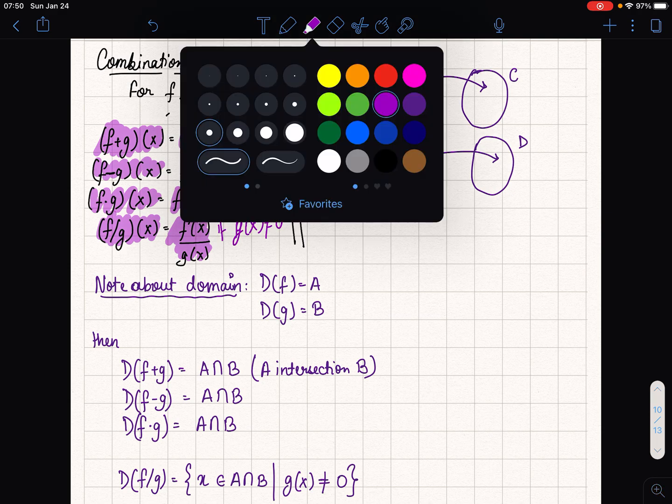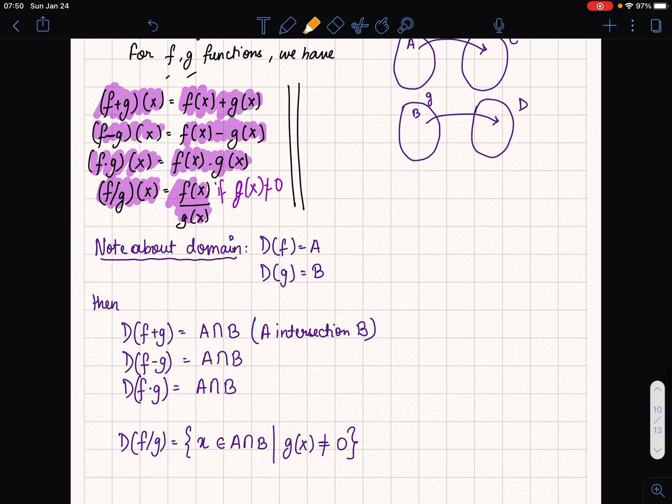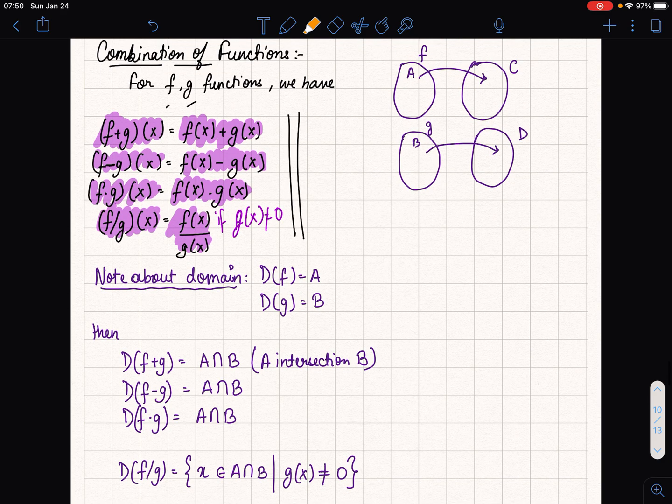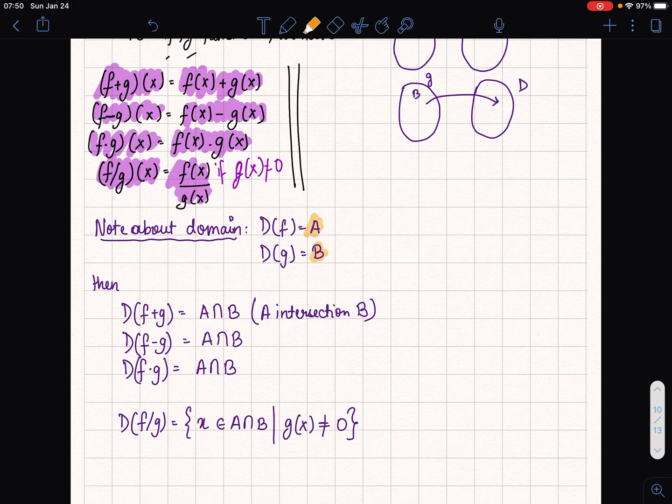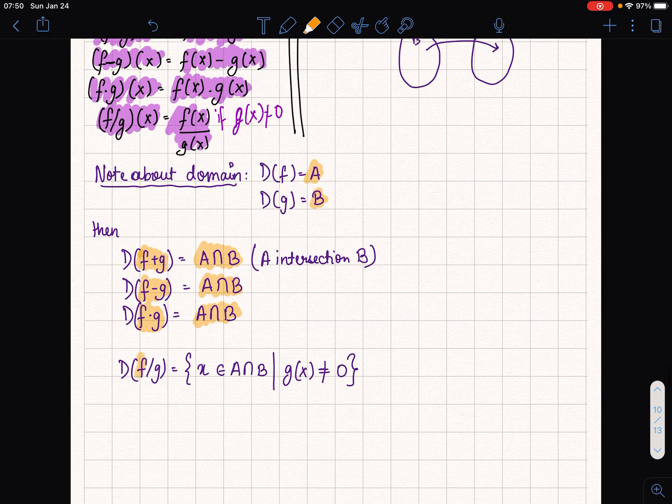Consider a note about the domain. The domain of f was a, while the domain of g was b. Then the domain of f plus g is a intersection b. F minus g is again a intersection b. Same goes for f times g, which is again a intersection b. While for the division function, we look at the following: x belongs to a intersection b, where g of x is non-zero.